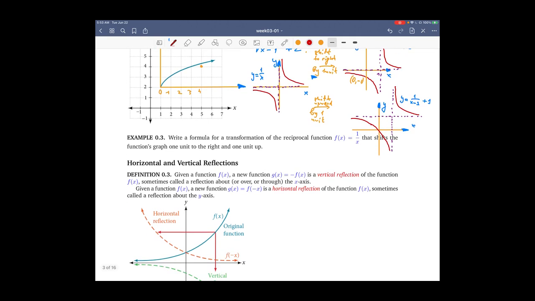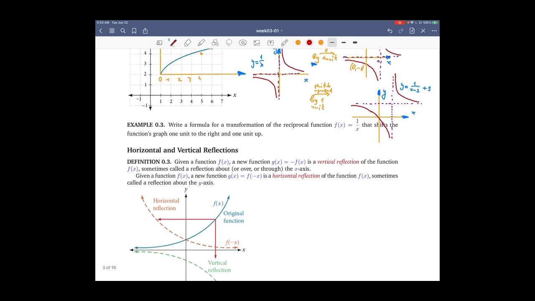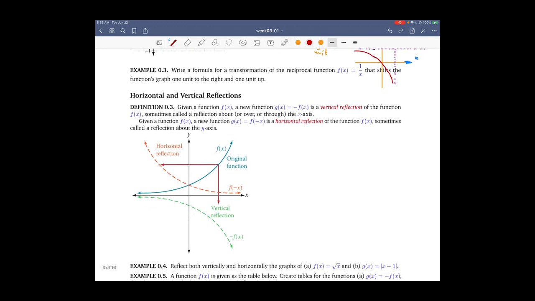Okay, now the conversation switches to horizontal and vertical reflections, another type of graph transformations. So let's first speak about vertical reflection. See, we have the graph of f.